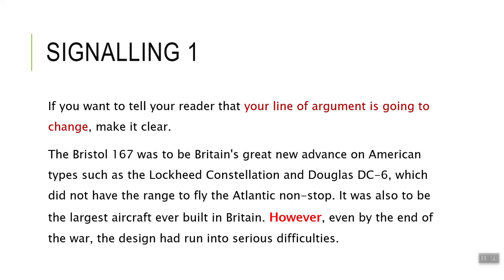So you have to make it explicit. If you look at this sample, one of the signaling words that's very popular is however. I'm sure most of you have already used it in almost every assignment that you've had in the past. It does help the reader to be ready for what comes next, which is the opposite of what's before.